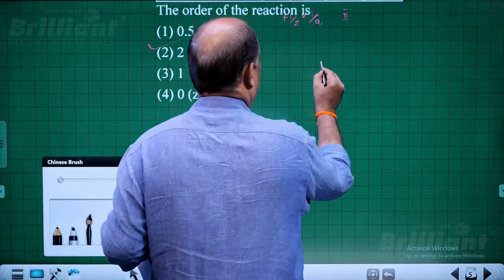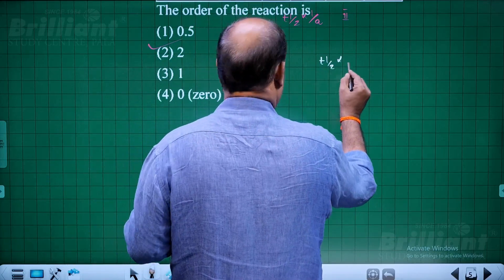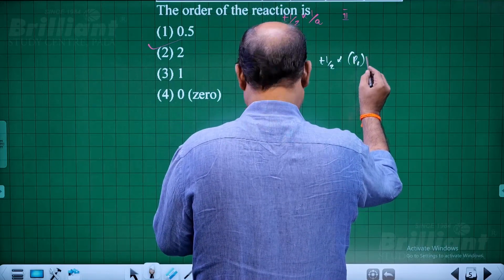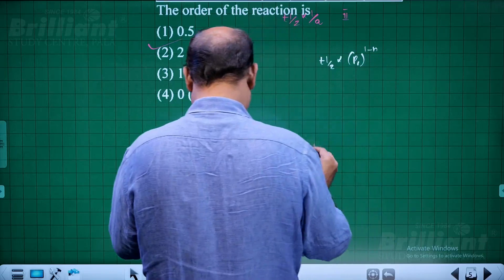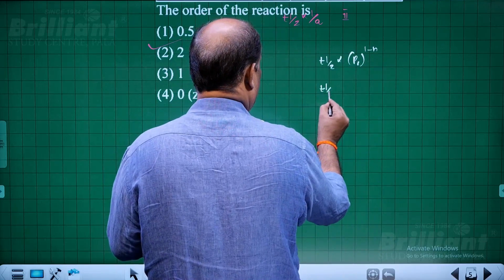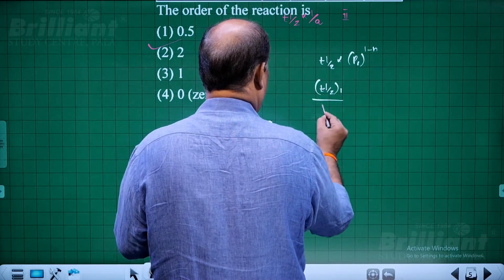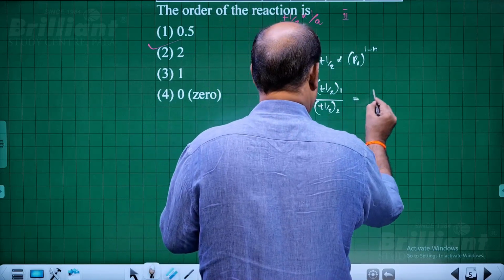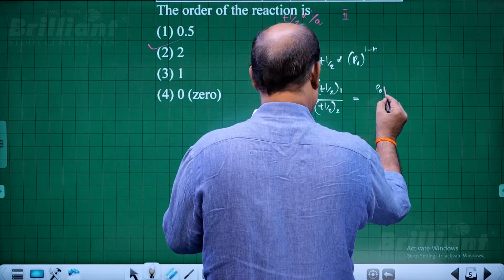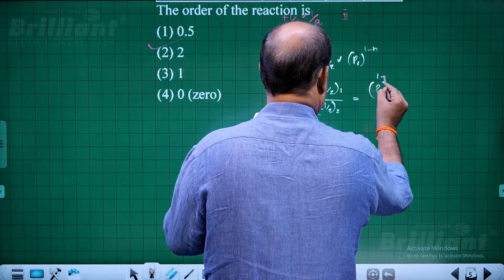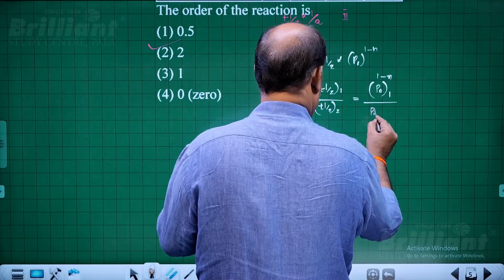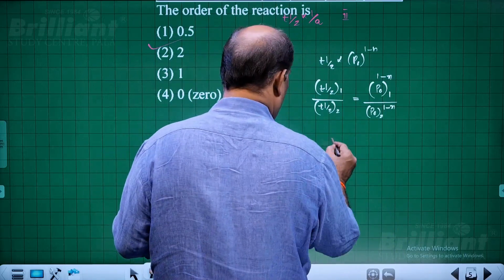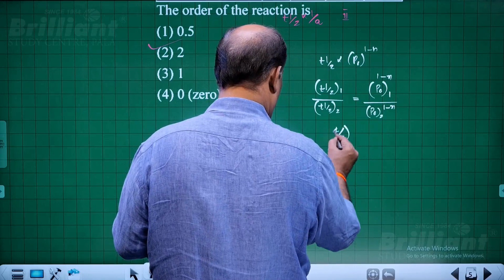So this is t half 1 by t half 2, this is P naught 1 by P naught 2, so that is equal to 4 by 2.